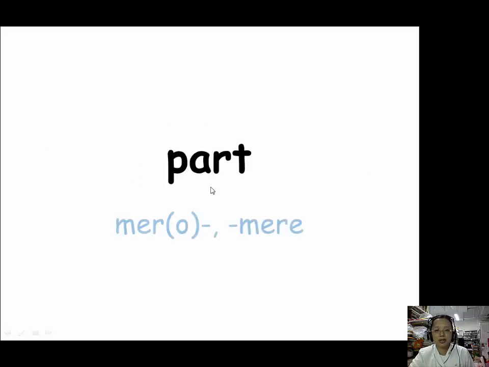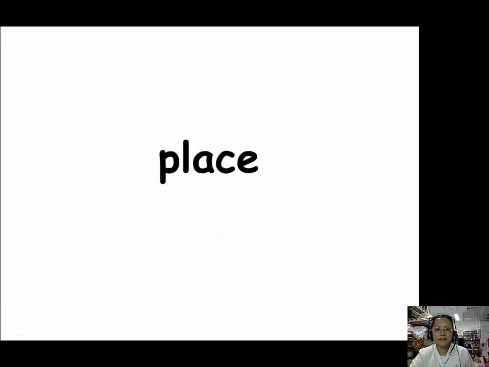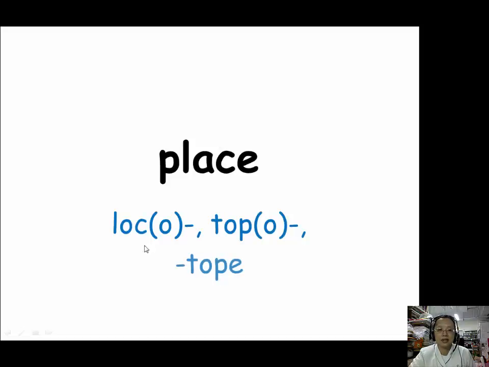For part, we have prefix mero, M-E-R-O, or suffix mere, M-E-R-E. For dissolution or destruction, we have the suffix lysis, L-Y-S-I-S, or the prefix lyso, L-Y-S-O. For place, we have these three prefixes and suffixes to use.